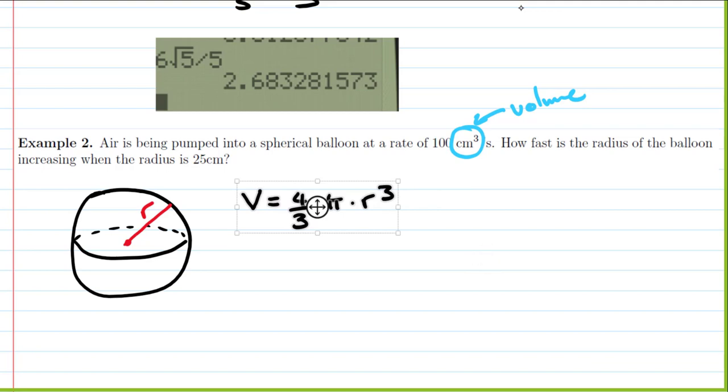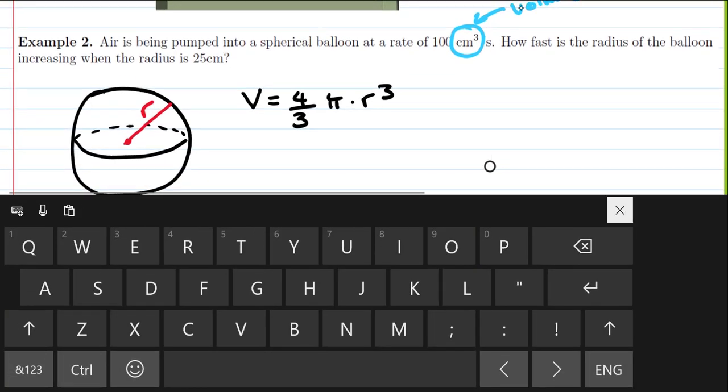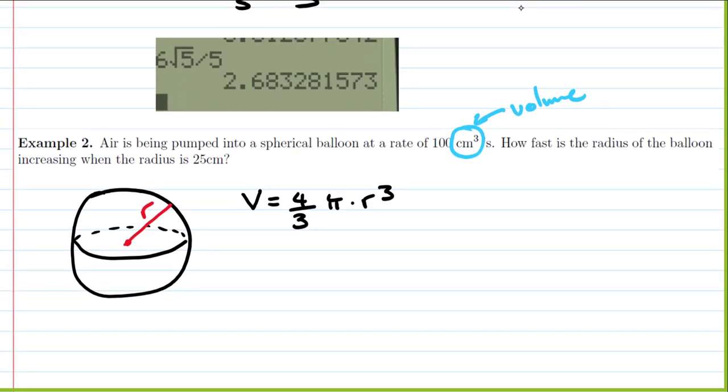And now we need to write down a couple of things and try to figure out what we know. We have r, we have V, we have dr/dt, and we have dV/dt. So we're told that air is being pumped into the balloon at a rate of 100 cubic centimeters.